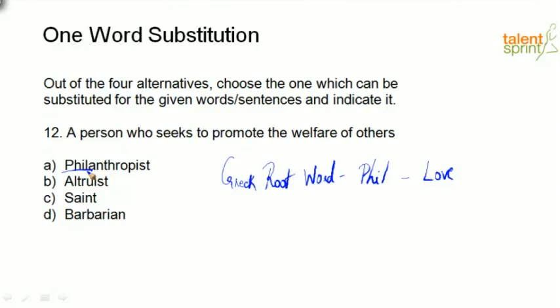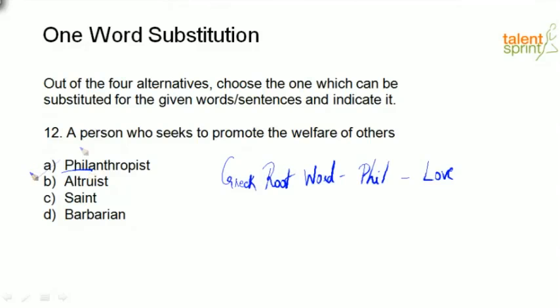And the phrase is saying a person who seeks to promote the welfare of others. Without you having love within you for that person, you're not going to make any effort in making that person's life more comfortable or more easy.